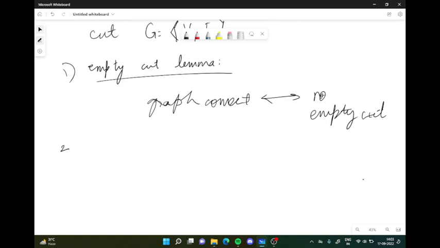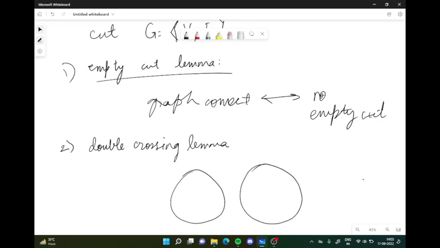Next building block, double crossing lemma. So what this says is that whatever cut I choose, and if there exists a cycle in this graph and one edge of the cycle crosses this cut, then there must exist another edge that is also crossing this cut.